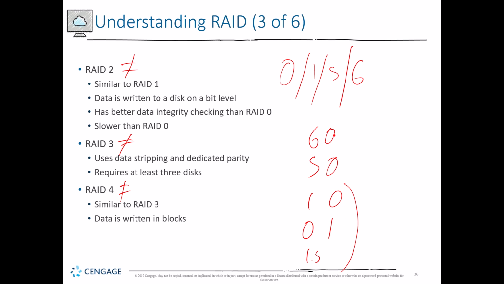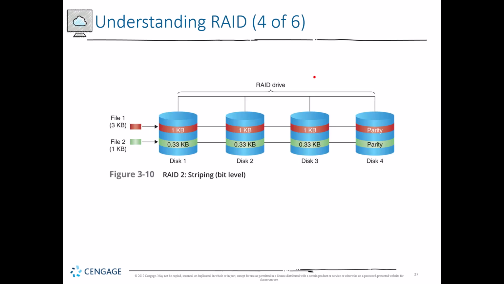RAID 6 and 0, RAID 5 and 0. So there are some techniques that we can put together so that we can have the speed of RAID 0 and redundancy from RAID 1.